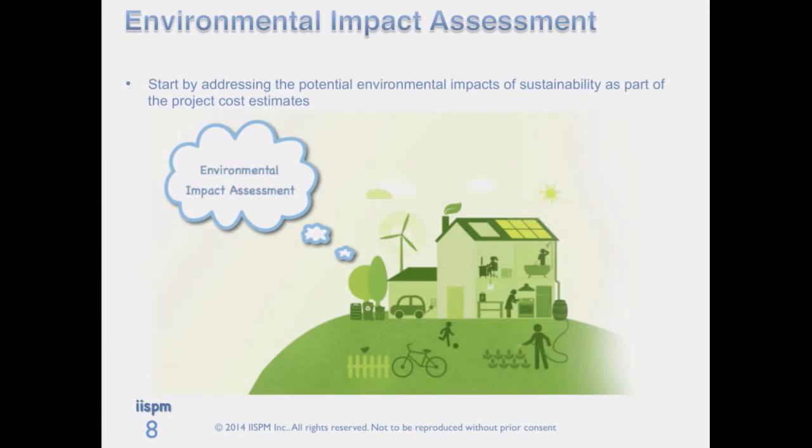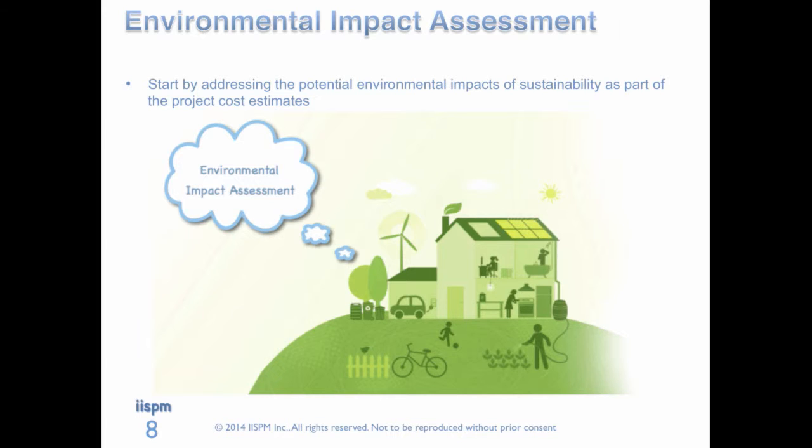All important. So another variable that we need to consider changing the way that we use is an environmental impact assessment. Very common to use environmental impact assessments. They've been done for years, but it has been becoming more common for many organizations to use environmental impact assessments within almost every type of project.